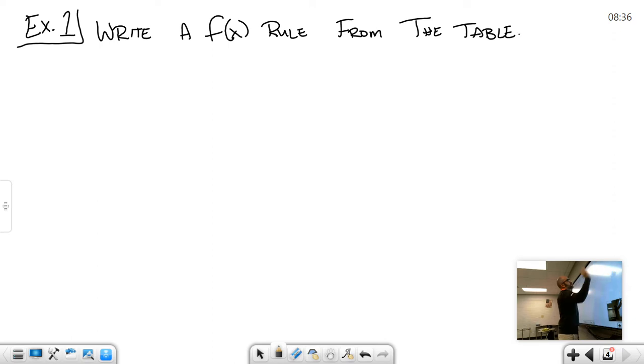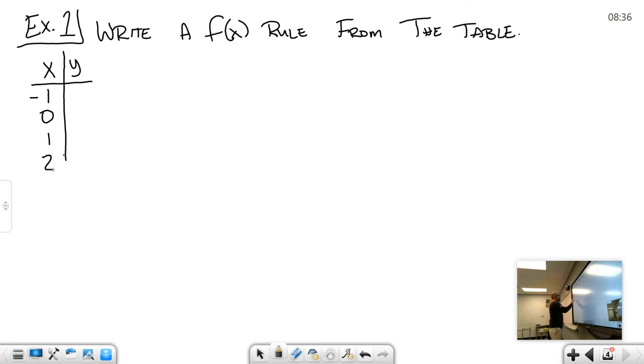So let's say our table, we're going to have x, y. And let's just say I have -1, 0, 1, 2. We'll just keep it simple here. And 5, 1, -3, -7. So we're going to write a function rule from the table, and this is a table that we've been given.